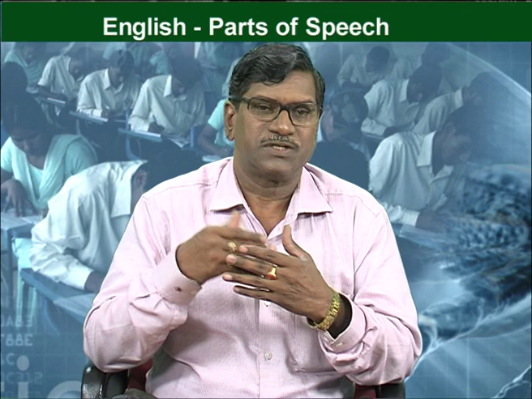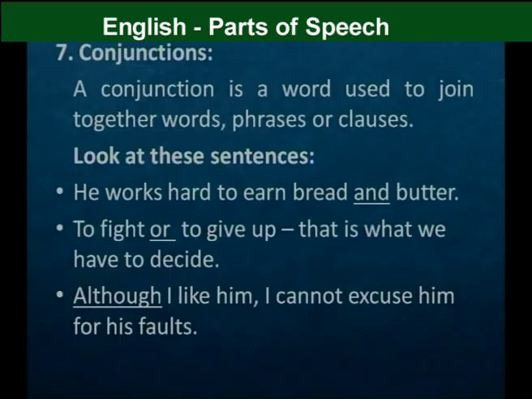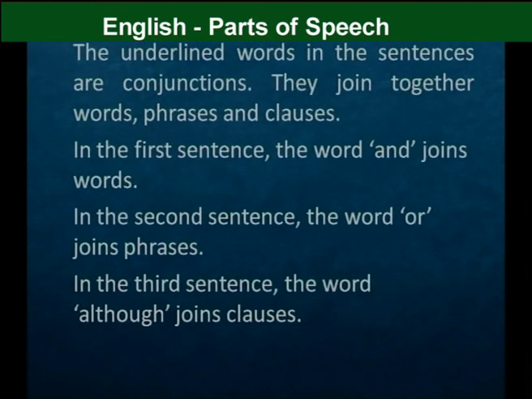That is our definition. What is a conjunction? It is a word used to join together words, phrases and clauses. In the first sentence, the conjunction joins together words. In the second sentence, the conjunction joins together phrases.